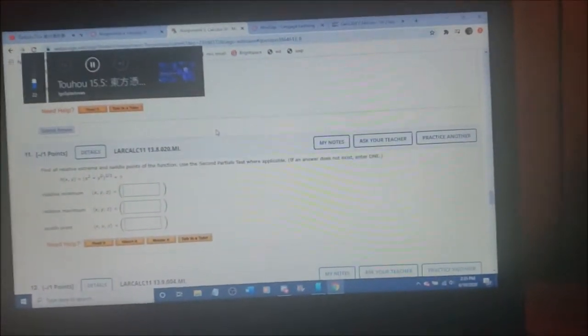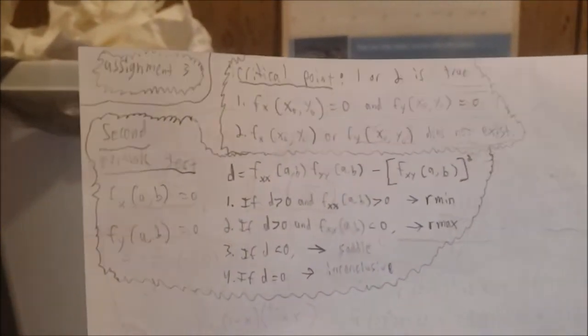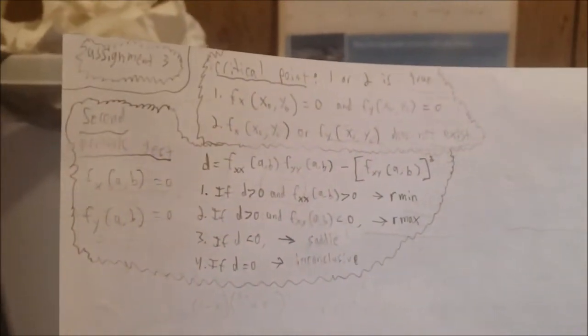It is now 2:35, and I've finished reading the sections. So the main takeaway from the sections is basically just these two things. How I'm supposed to find a critical point, and then how I'm supposed to use the second partials test to determine what type of critical point it is.